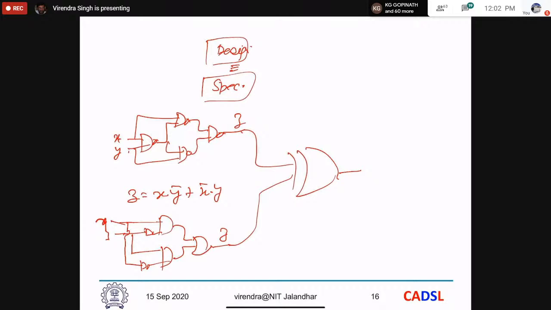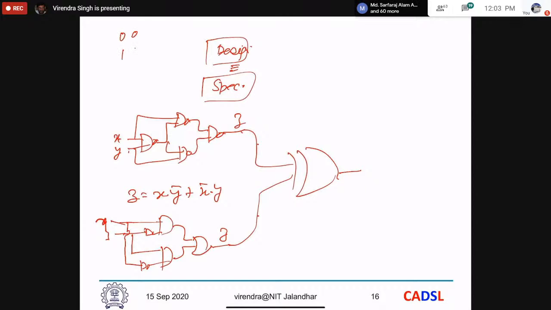So, sir, if both are the same, then the output will be 0. Yes. If both of the designs are exactly identical, then the output of this and the output of this would be the same, and therefore the output of this XOR would always be 0, right? Because this can give you either 0 0 or 1 1.